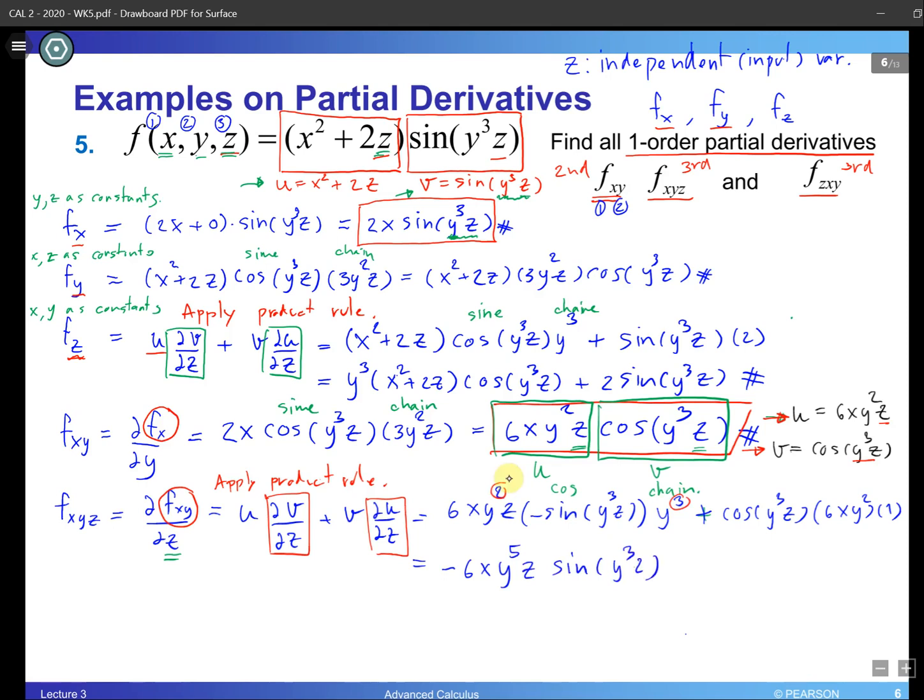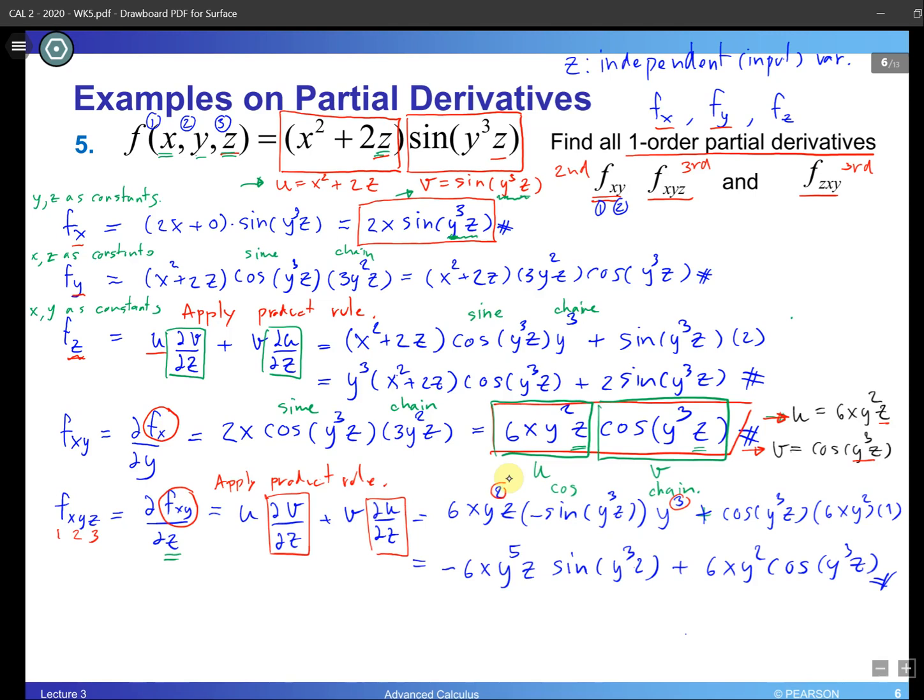Plus here we have 6xy squared, cosine of y cubed z. And that is the answer for the third order partial derivative of f with respect to x first, then y, and then z.